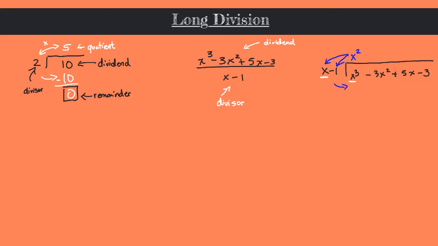So x squared times x is x cubed. X squared times negative 1 is negative x squared. And from there, you would subtract. Now, because we're dealing with two terms, you want to put it in parentheses so you don't confuse your signs as you're doing this, okay?